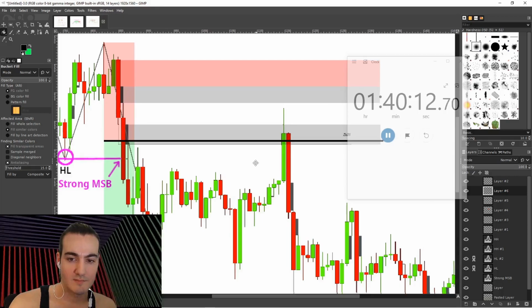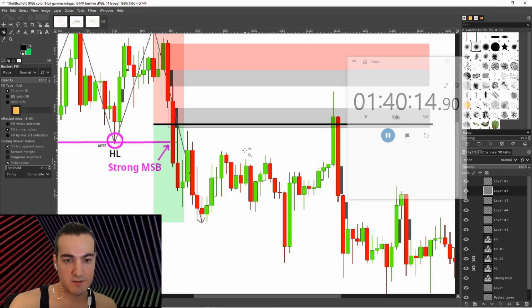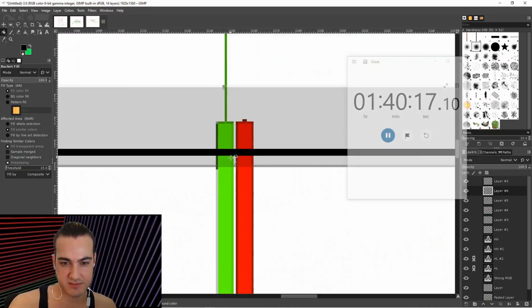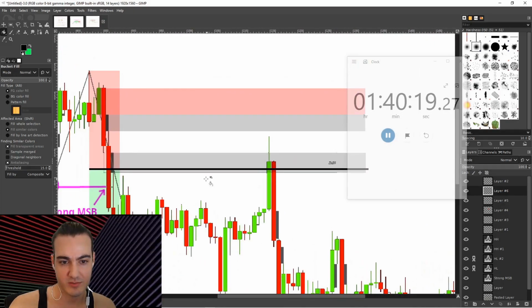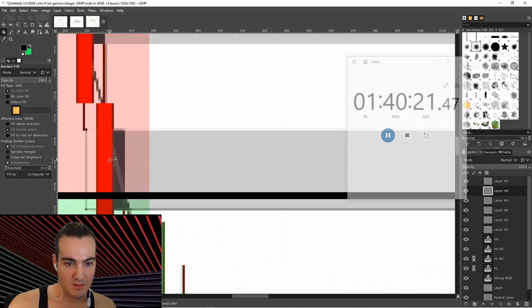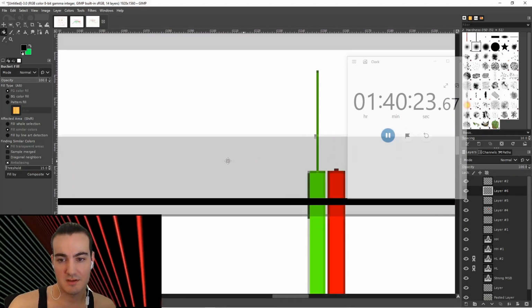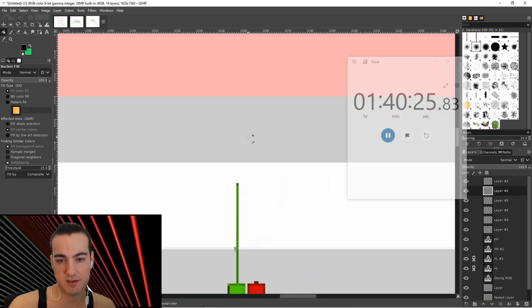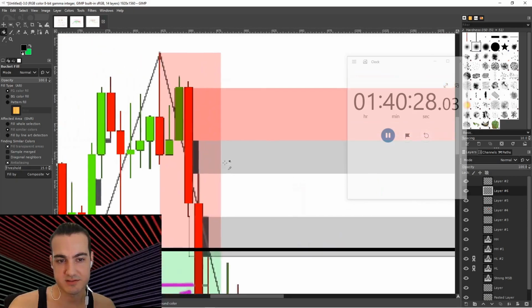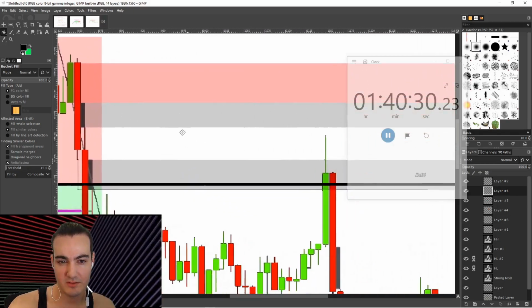After the break, price comes back up to the equilibrium line, and also this imbalance. We don't quite make it to this imbalance or the supply order block up here.